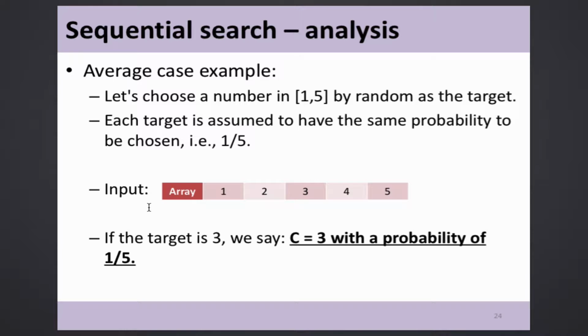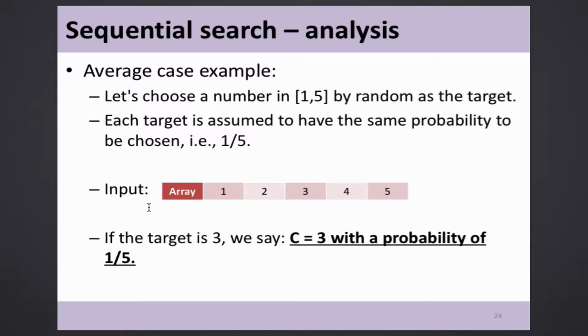Now with this 3, if I want to count how many comparisons before I know that 3 is inside, basically we did 3 comparisons, right? Compare 1, compare 2, and compare 3, done. I found it. Okay? So I would say C is equal to 3, probability 1 over 5.